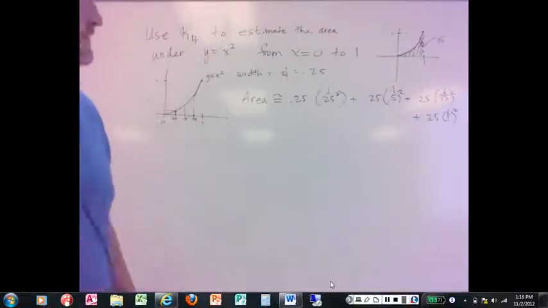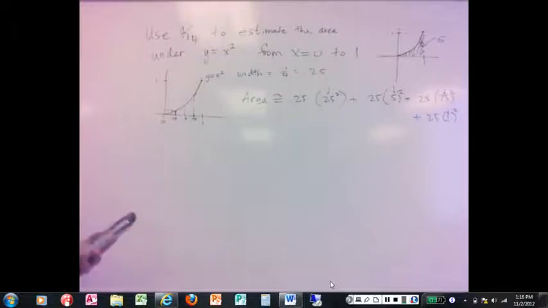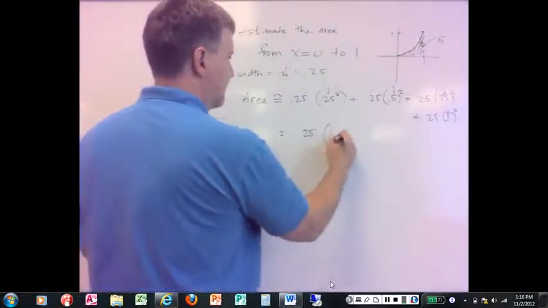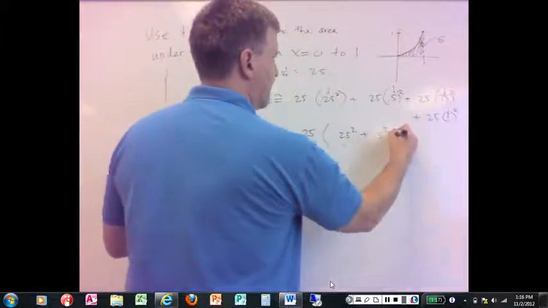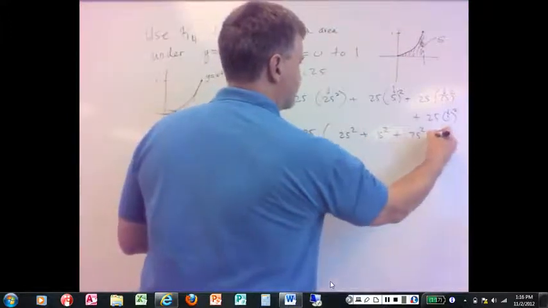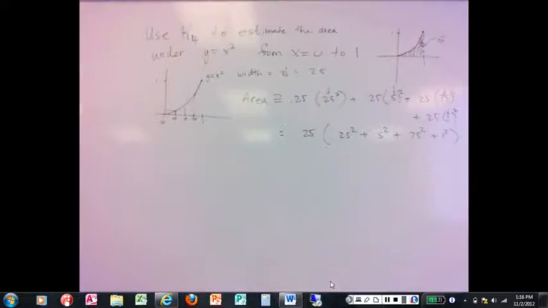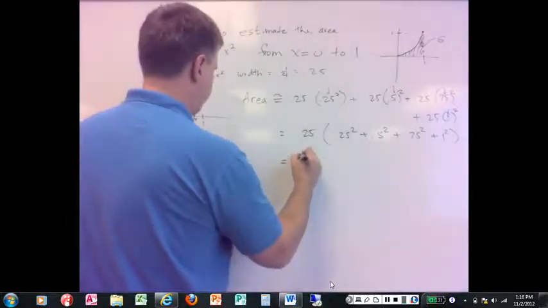All right, so let's see what that gets us. If you want to, factor off that 0.25, save you a little bit. You just have to type in 0.25 one time. So 0.25 times 0.25 squared, 0.5 squared, 0.75 squared. I don't know why I wrote 1 squared, because that's going to be 1, isn't it? I get 0.46875 as my approximation.